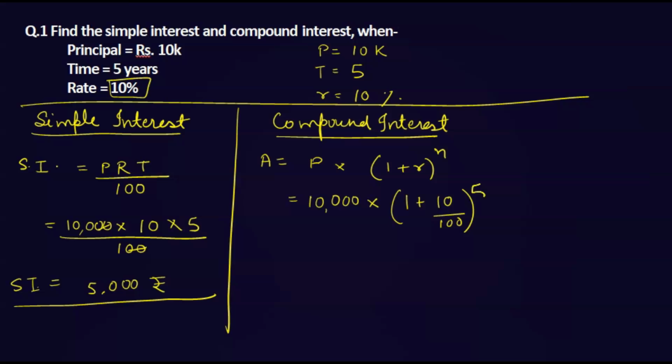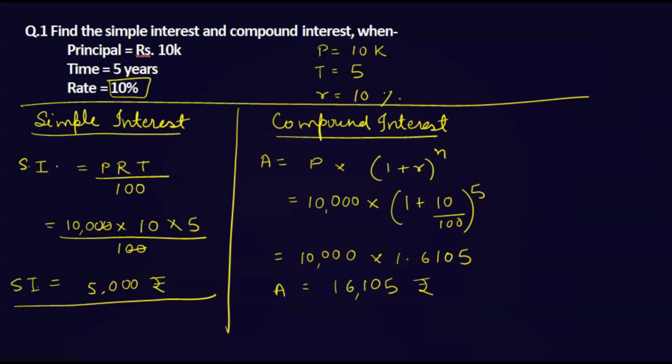N is 5. When we solve this, we get 10,000 multiplied by 1.6105, the decimal moving 4 places, and this one is the amount.